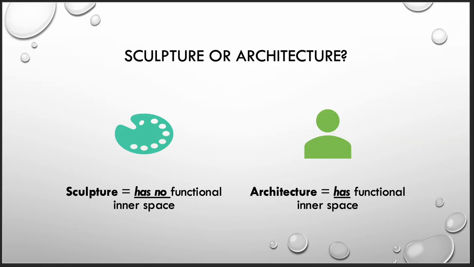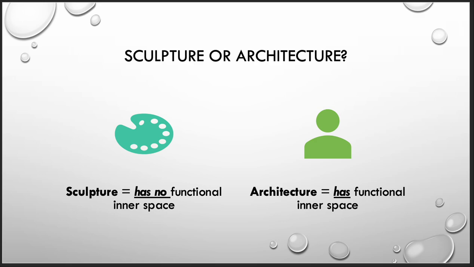Okay. As we're looking toward our next chapter, we'll be looking at architecture. So one of the key questions I want to distinguish is what's the difference between sculpture and architecture? Because they are very similar in some ways. They both have mass, they are both dense, they both use space, but the difference is that sculpture has no functional inner space.